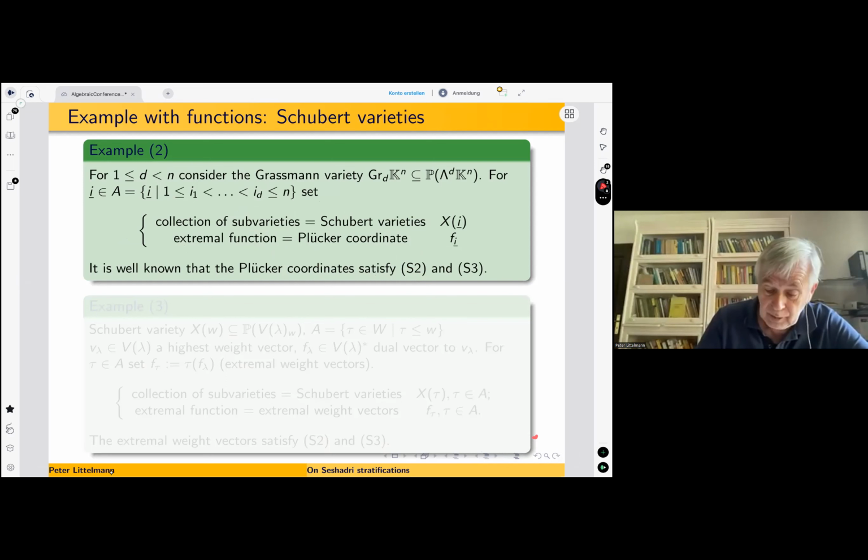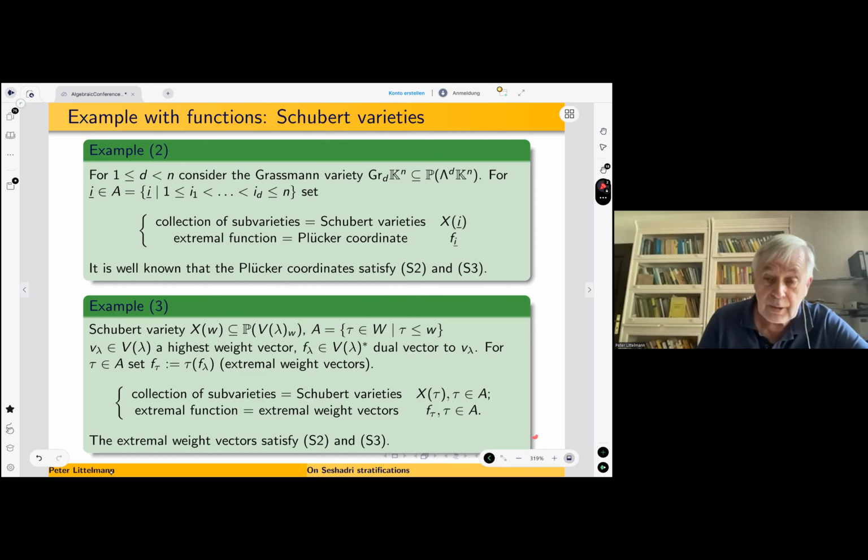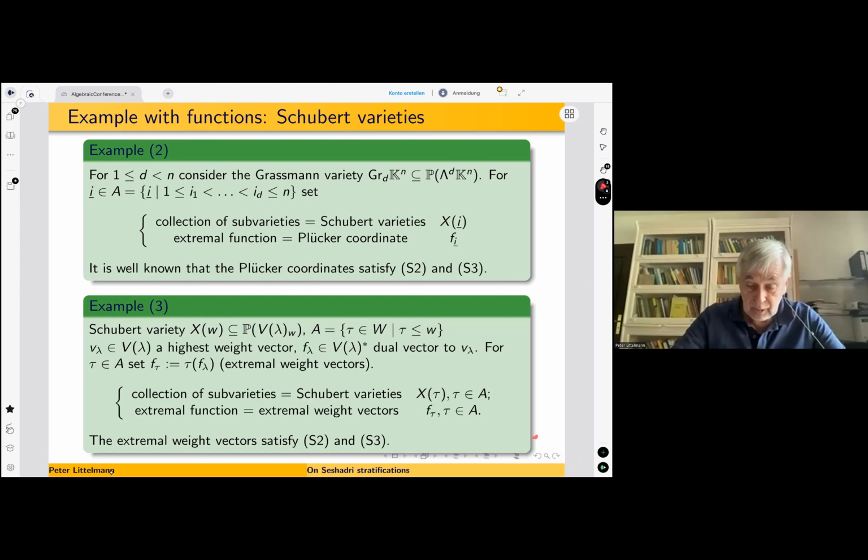So I take as collection of extremal functions just the Plücker coordinates, and then it is well known that these two conditions S2 and S3 are satisfied.